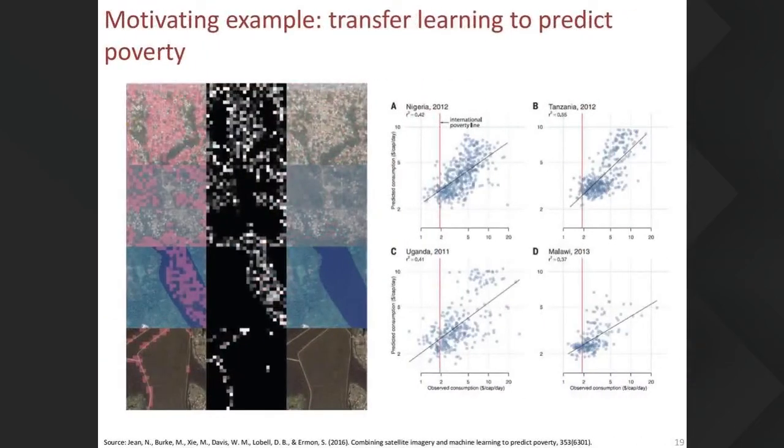Now, there are additional motivating examples from newer technologies that try to do more sophisticated things. In this case, on this slide, we're showing machine learning transfer learning for poverty. And what these authors have shown, so this isn't our group, is that we have high resolution daytime imagery, but we also have slightly lower resolution nighttime lights imagery.